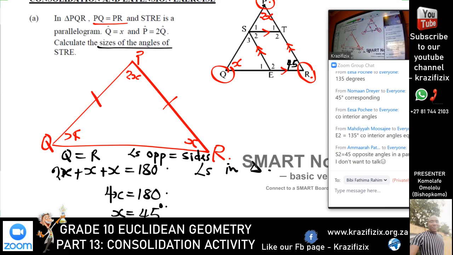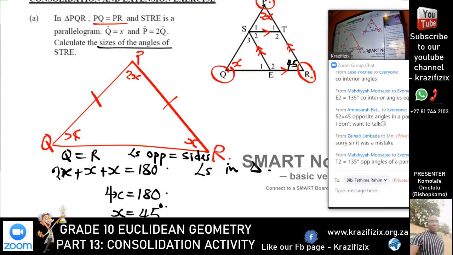Zainab, your hand is raised. Amara says she doesn't want to talk. Okay. Guys, Amara says she doesn't want to talk and then she smiles. All right. Zainab, your hand was raised. You have a question? Or it was a mistake?